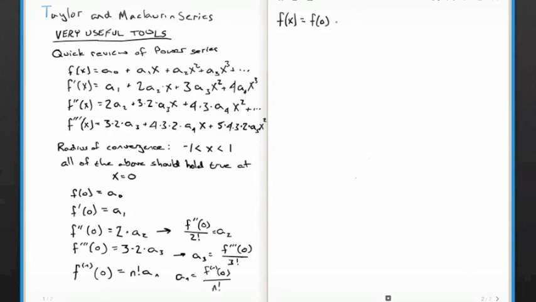It's f of 0 plus f prime of 0 times x plus f double prime at 0 over 2 factorial times x squared plus f triple prime at 0 over 3 factorial times x cubed plus dot dot dot, plus, and this is the most important one, the nth derivative of f evaluated at 0 divided by n factorial times x to the nth power.